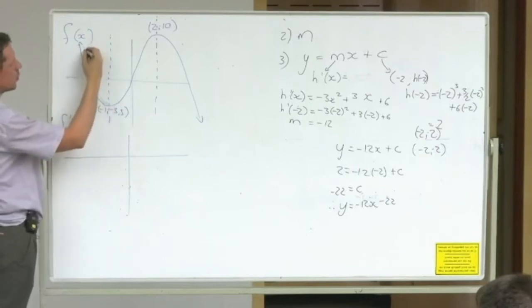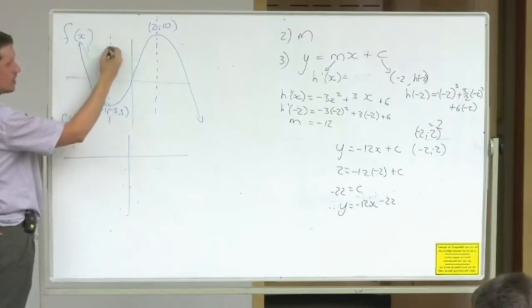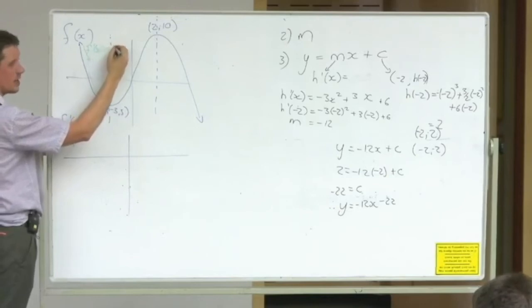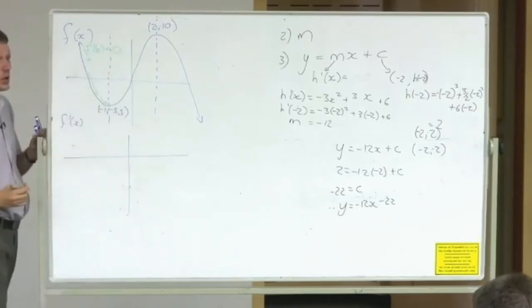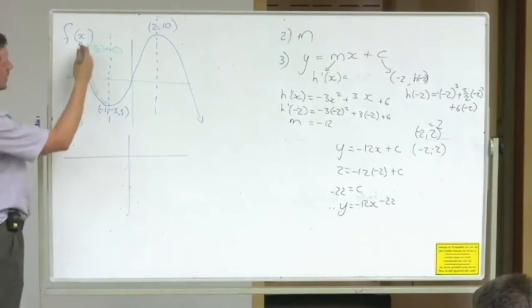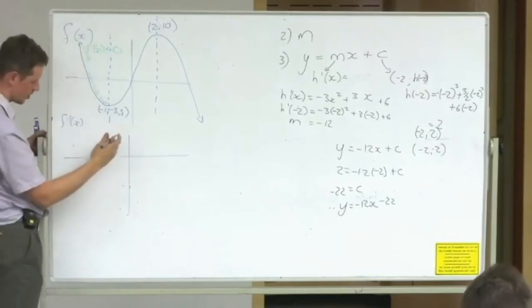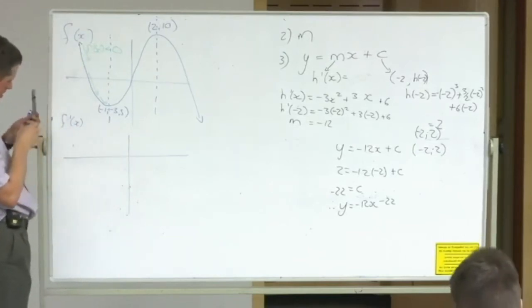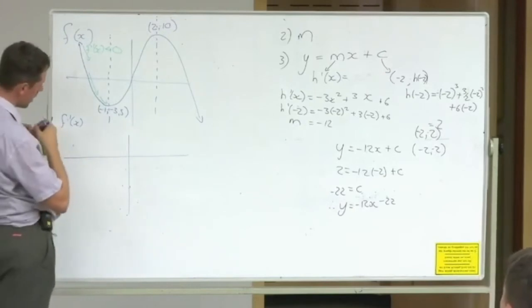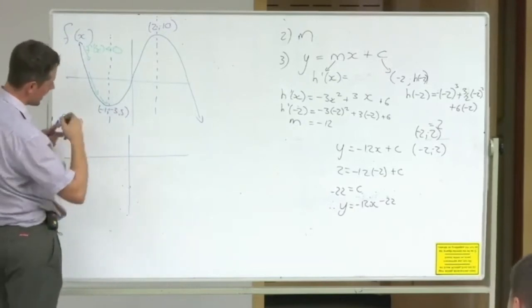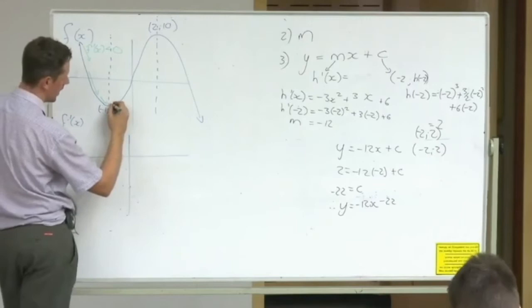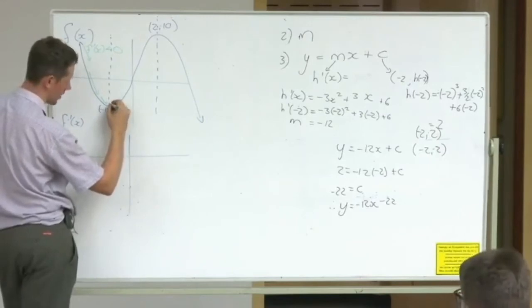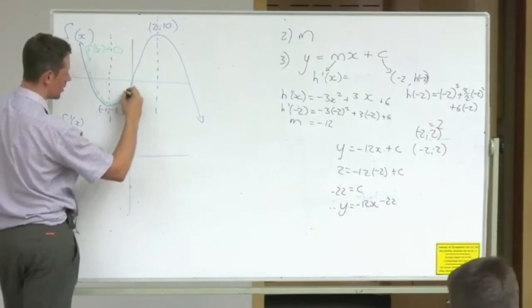So therefore, the derivative is less than 0 because the graph of f is decreasing. So here, f(x) is increasing.